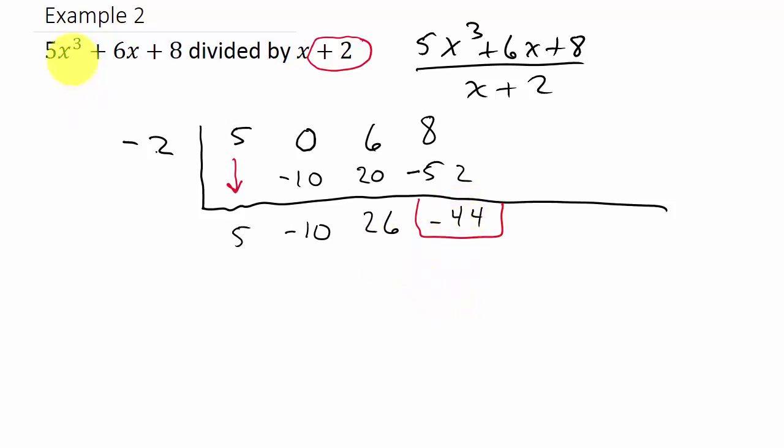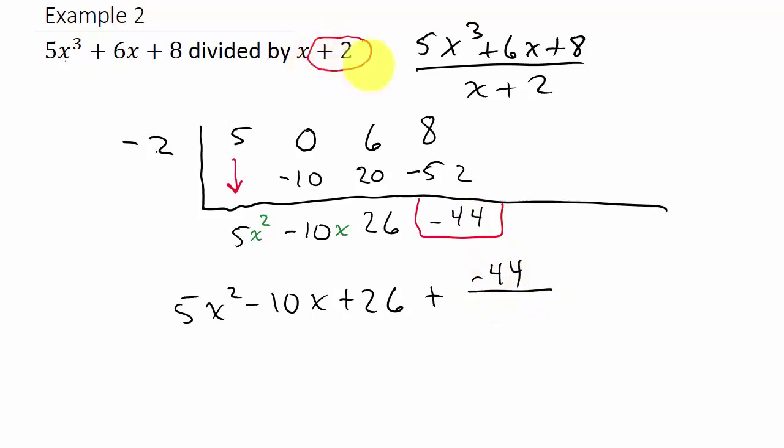So what did we start with? We started with an x cubed, so this one's going to start out with an x squared, and then an x, and then my constant term. So my solution would be 5x squared minus 10x plus 26 plus the remainder, negative 44, over my divisor, this x plus 2 here.